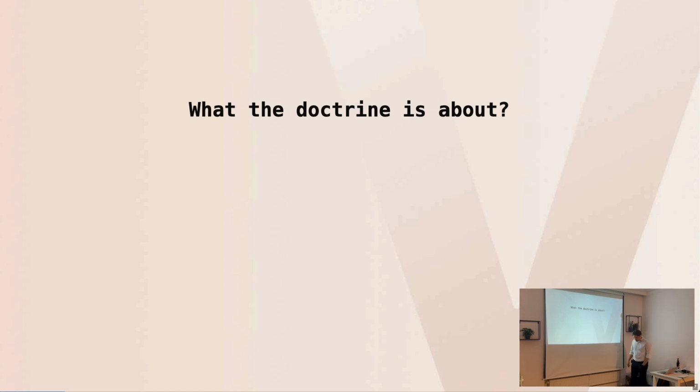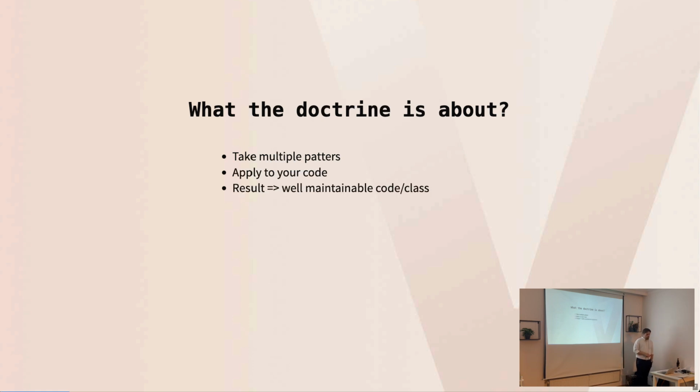So, what is the doctrine about? It's more how I understand or how I imagine the doctrine was created. In general, if you take multiple patterns and apply them to your code, as a result you will get well-maintainable code or a class.